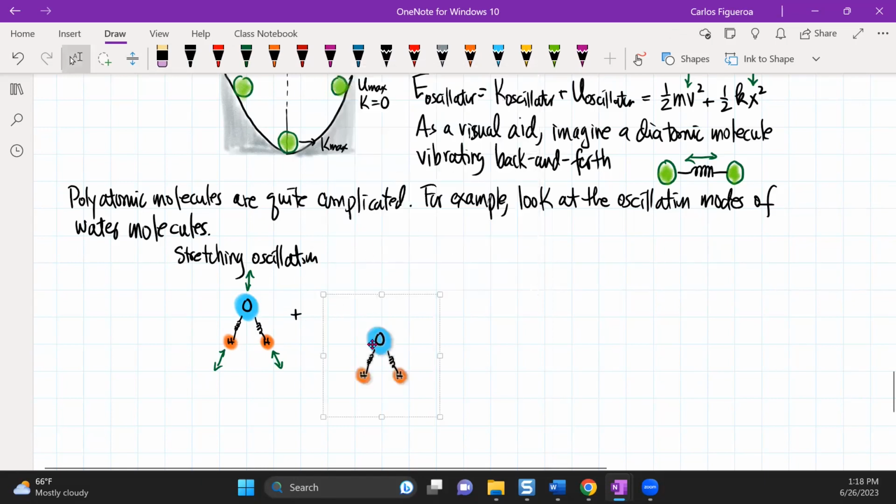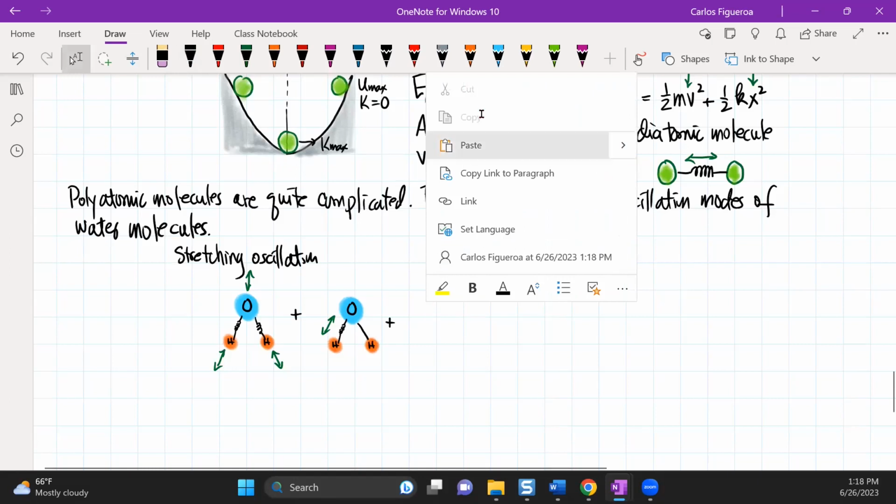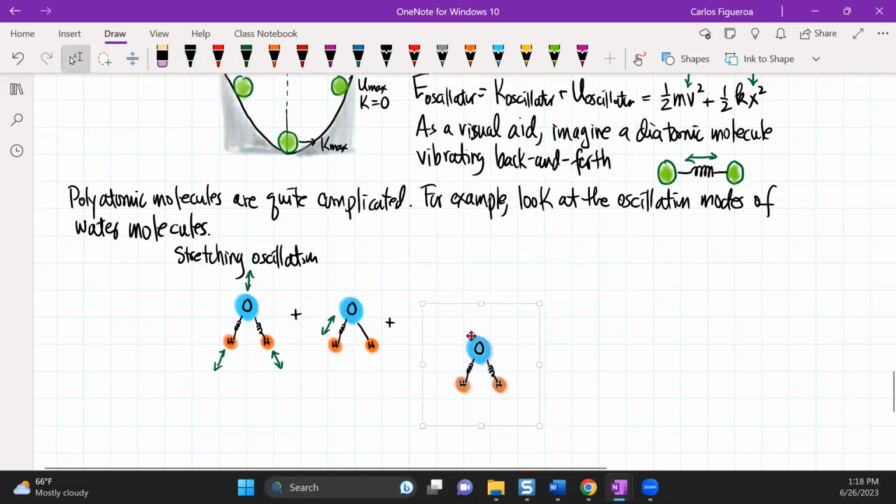There are oscillations that look like this. It turns out that one of these guys now is fixed, while this hydrogen is the only one that's oscillating. Or I could have the other direction, right? This is asymmetric.